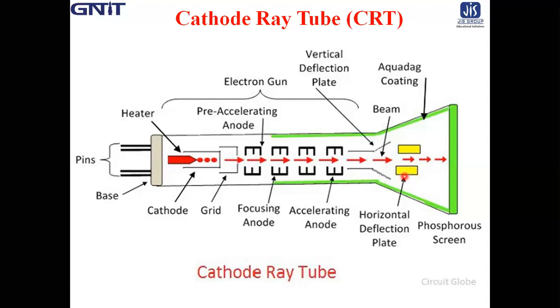Therefore, the exact wave shape of the signal can be displayed on the skin by simultaneously applying the signal voltage to the vertical deflection plates and a sawtooth wave to the horizontal deflection plates. So this is the construction and mechanism of the cathode ray tube.